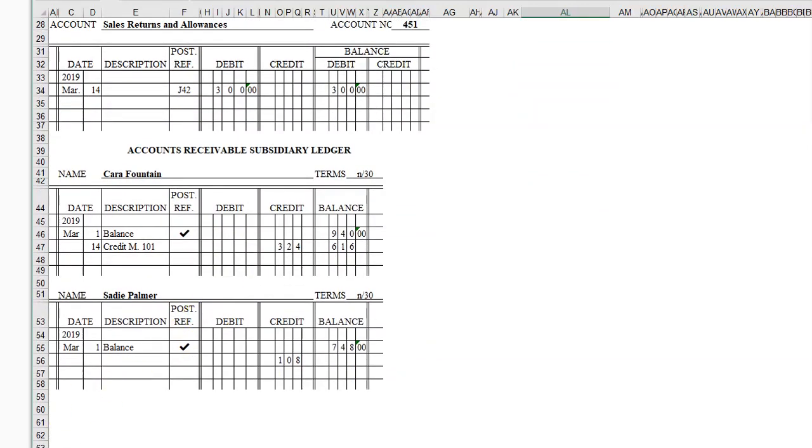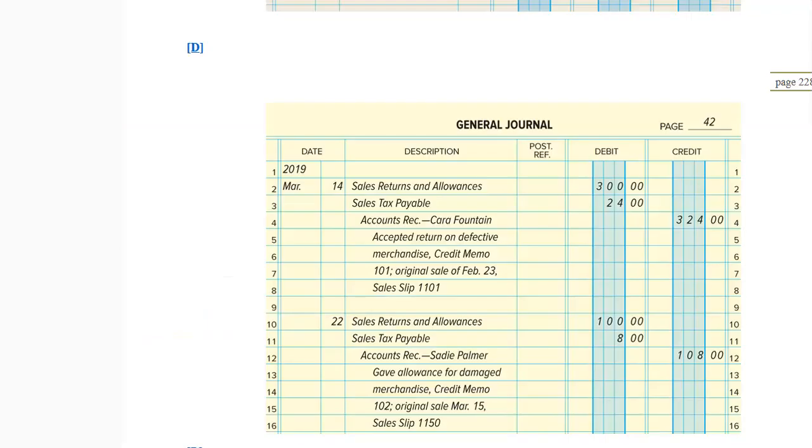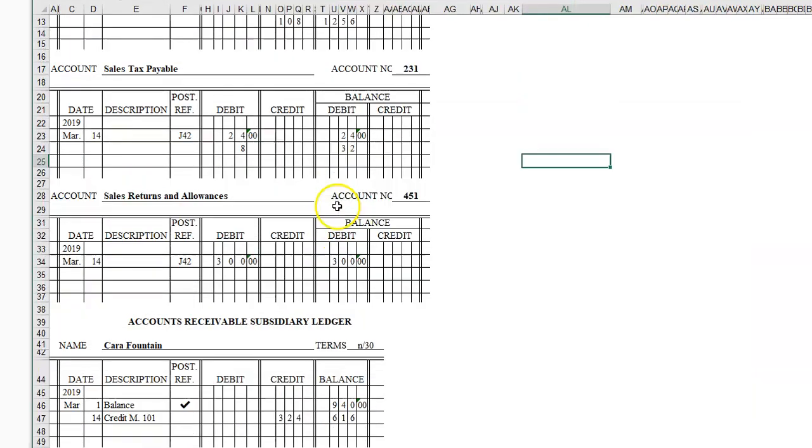What else? Did we forget anything else that we needed to post from that? Sales returns and allowances, 100 and 300 on the debit. We've got the 300 in there already. Somehow I already left it for you guys. So you just need to put the 100 in. I think I left it as a model to go through. Leaving that at 400.